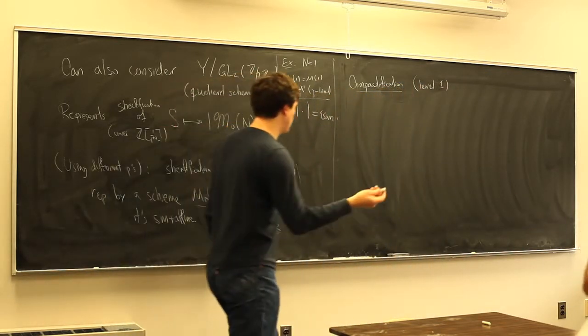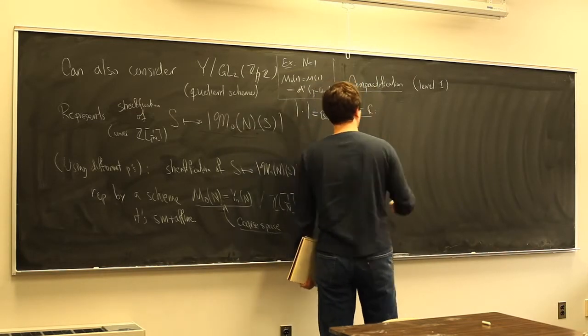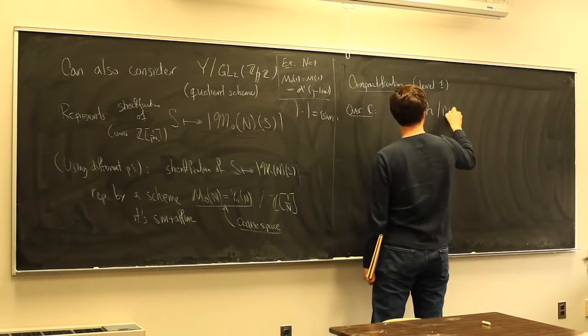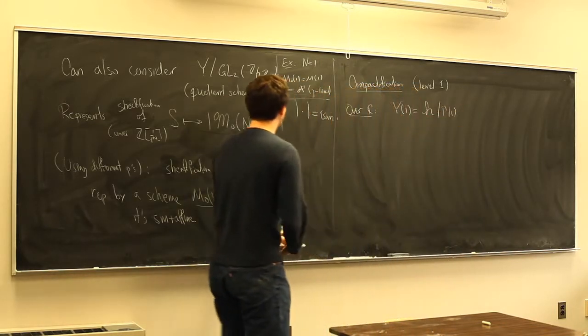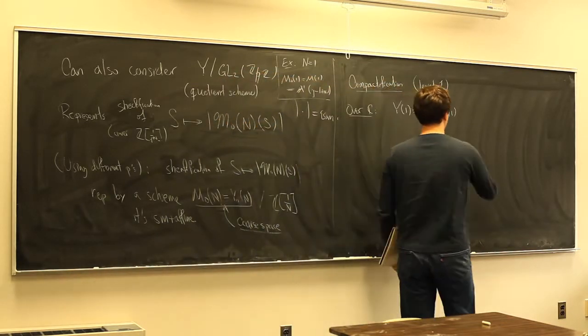Okay, so recall first of all what happened over C when we were doing things analytically. We defined Y(1) in that setting as the upper half plane mod Γ_1. And that agrees with the j-line. And so this is missing a point.